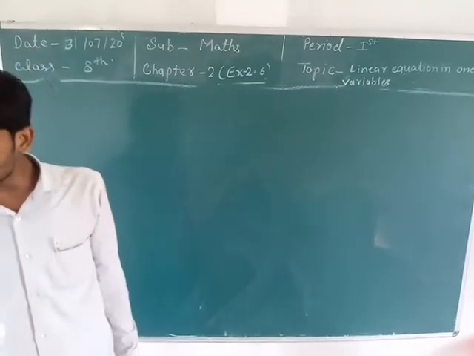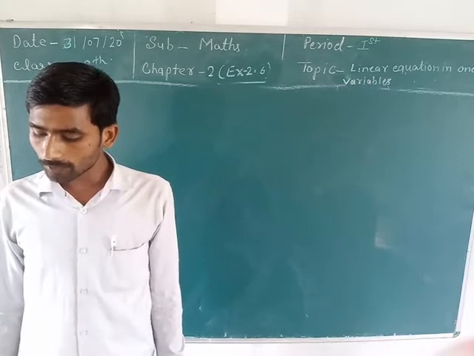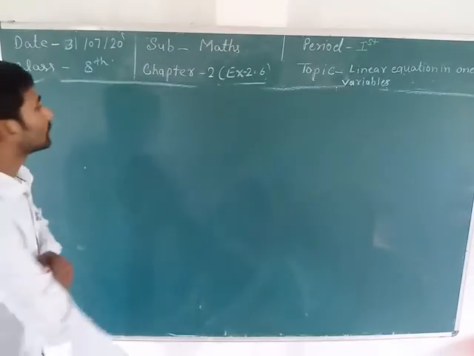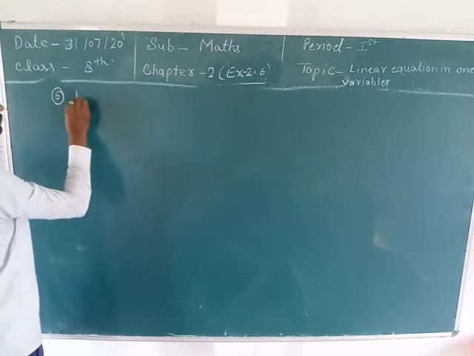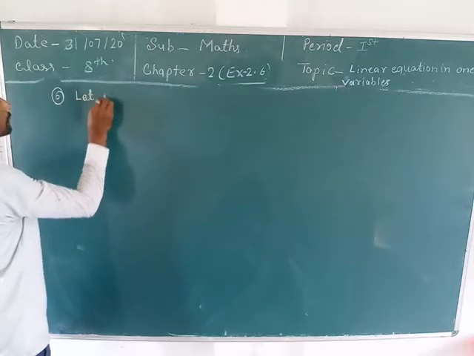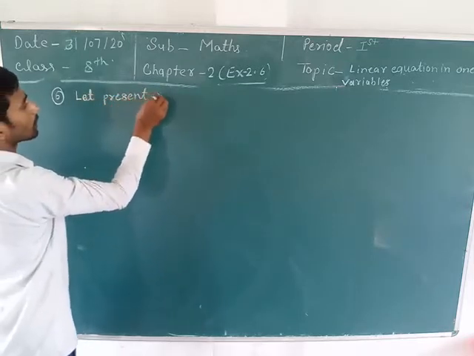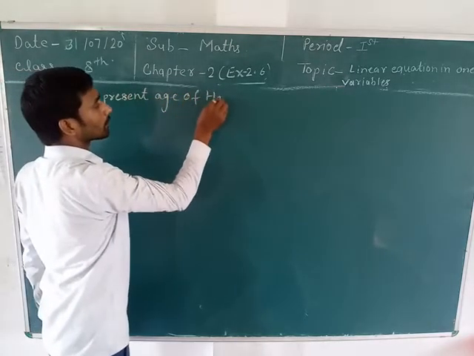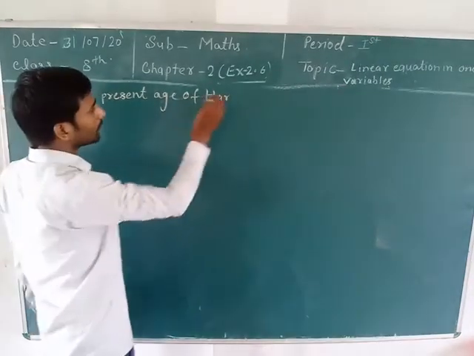Four years from now, the ratio of their ages will be 3:4. Find their present ages. Let the present age of the first person be 5x years, since the ratio is 5:7, and the present age of the second be 7x years.